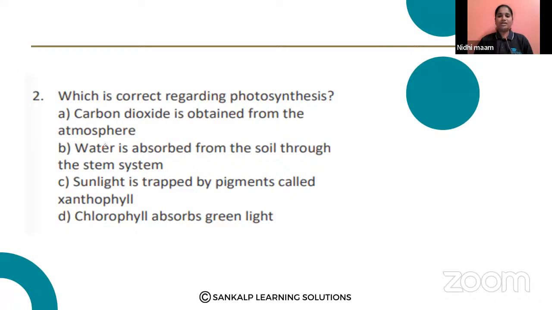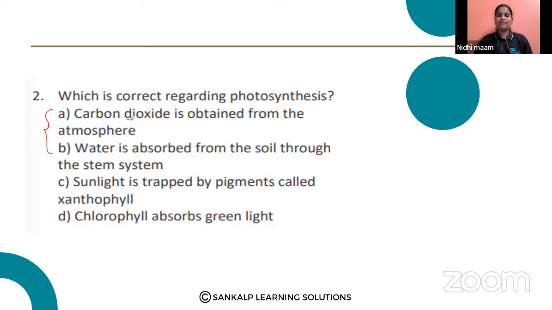B, water is absorbed from the soil through the stem system. C, sunlight is trapped by pigments called xanthophyll. D, chlorophyll absorbs green light. So we have to find which is the correct statement regarding photosynthesis.